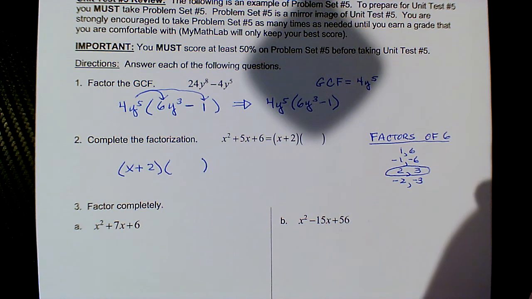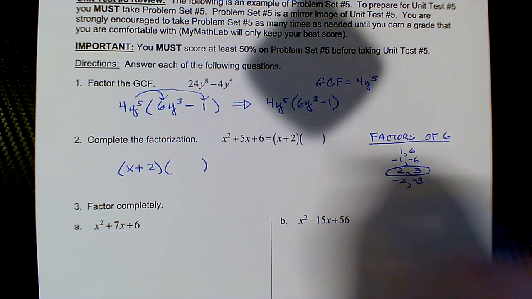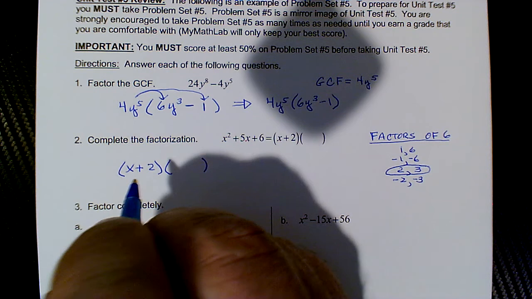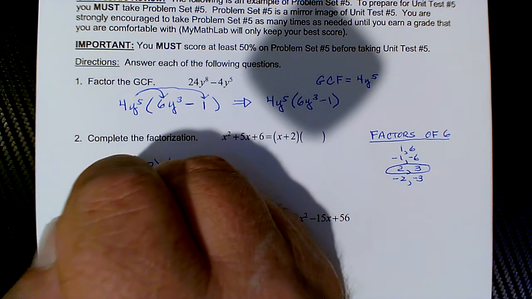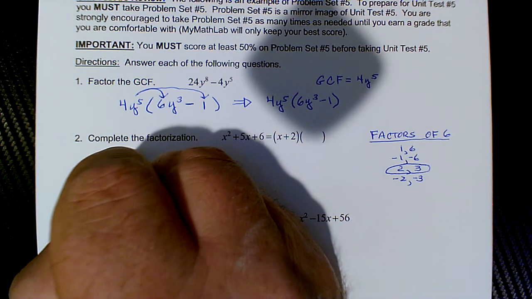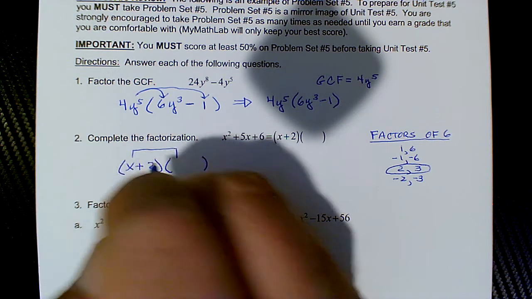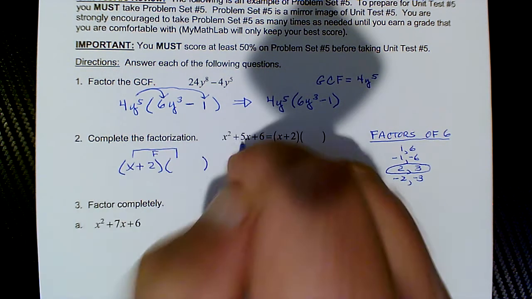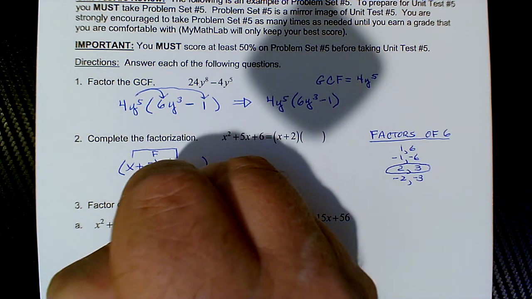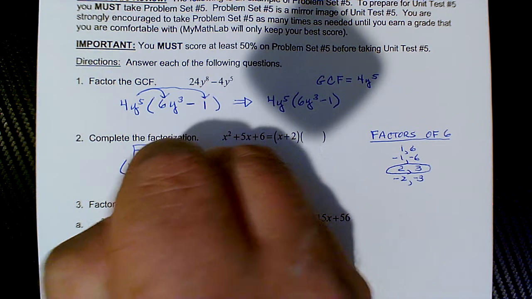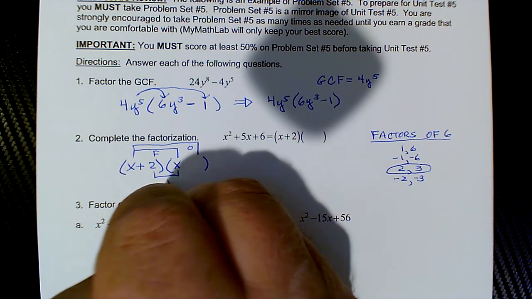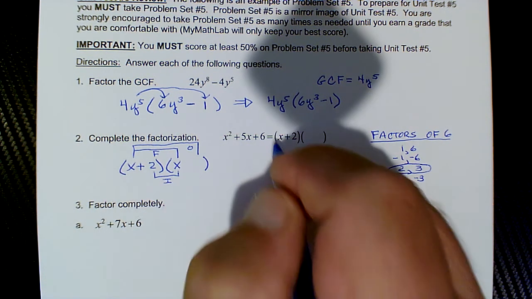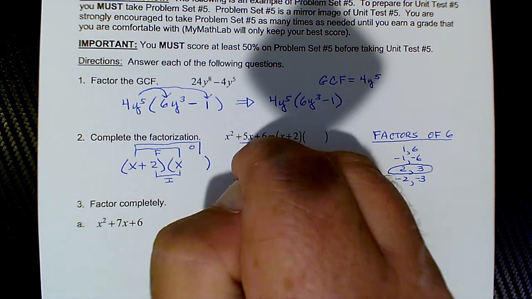Now also, I like to, as you've gathered from previous lectures, think about reversing FOIL. So I know it's plus 2 and I know it's a plus 3 here, but let's say we don't know that. To multiply the first terms to give x squared, we need an x, but then the outer product and the inner product have to add to give us 5x.